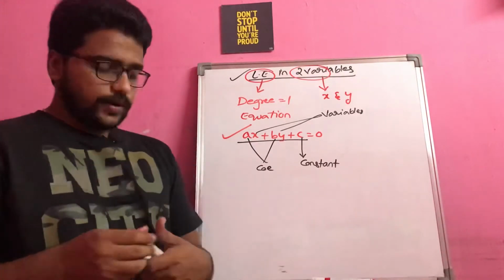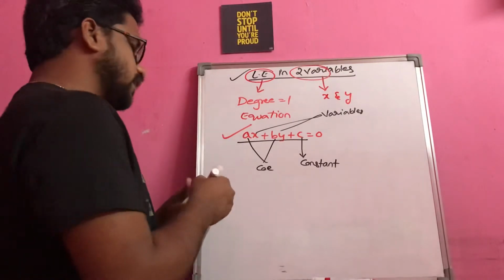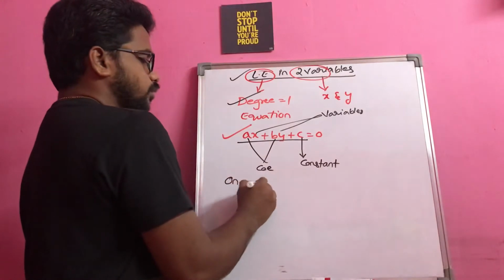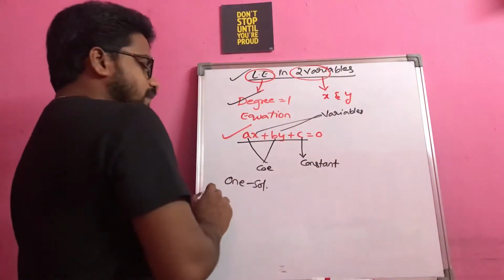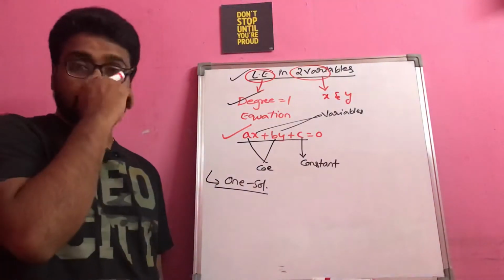So that means when we have a linear equation, that means degree is equal to 1, you will have only one solution, right? That is what it means. But let us see whether this is valid or not in case of the linear equation in two variables.